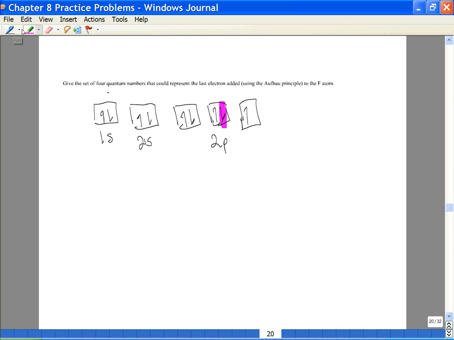So based on what we know about quantum numbers, the n is equal to 2 because it's in energy shell 2. The orbital that it's in is a p orbital.